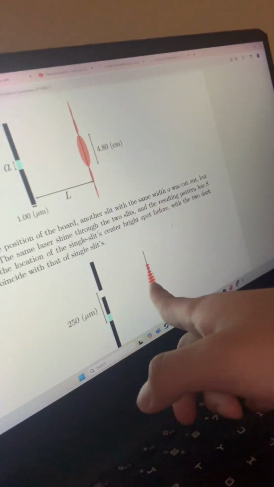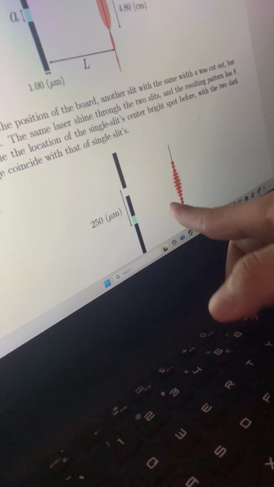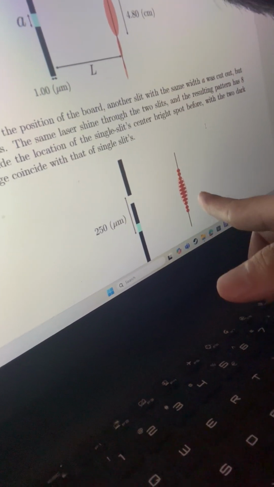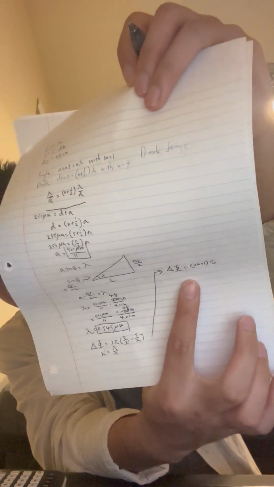I don't know if you can see it. Let me see if I can. Yep, like in the corresponding part. So there's a dark fringe, which means that over here, it must be in the form of (2n plus 1) pi. And here n must be greater than or equal to 0.